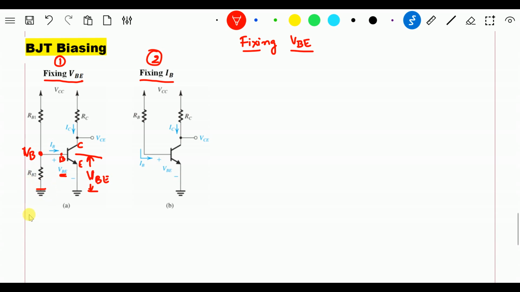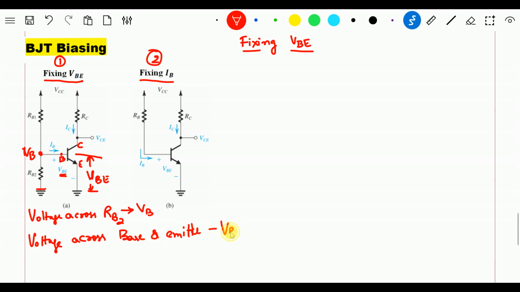So I can say the voltage across the resistor RB2 is VB. If I say voltage across base and emitter, voltage across base and emitter is actually VBE.